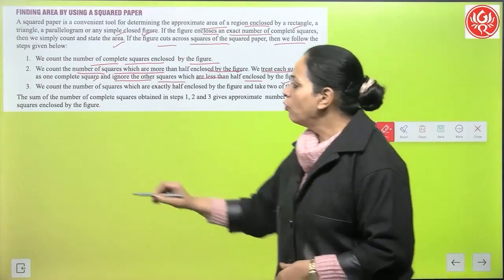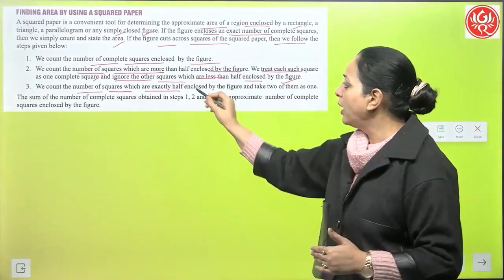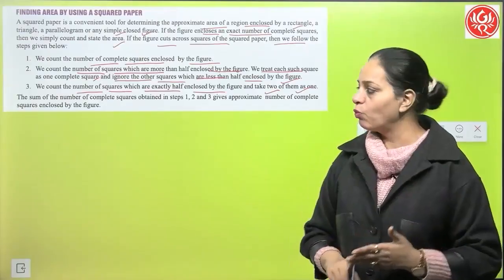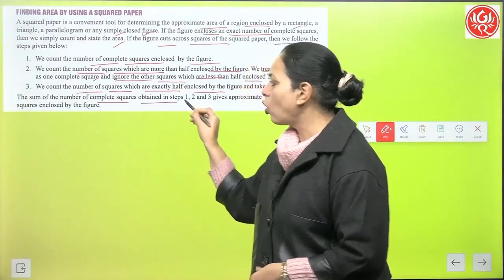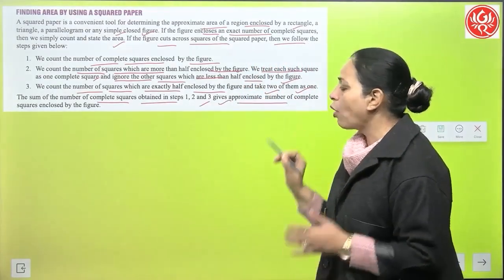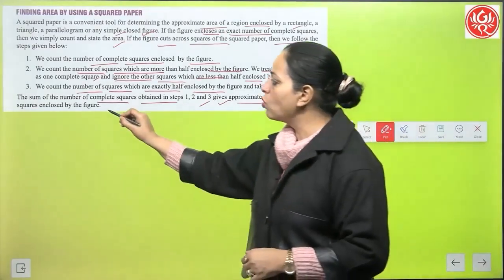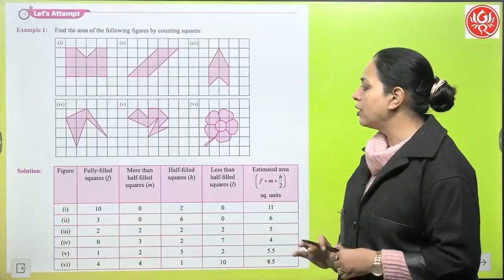Now step 3: we count the number of squares which are exactly half enclosed by the figure and take 2 of them as 1. Fine. Now the sum of the number of complete squares obtained in steps 1, 2 and 3 gives the approximate number of complete squares enclosed by the figure. See some examples, it will be clear to you.